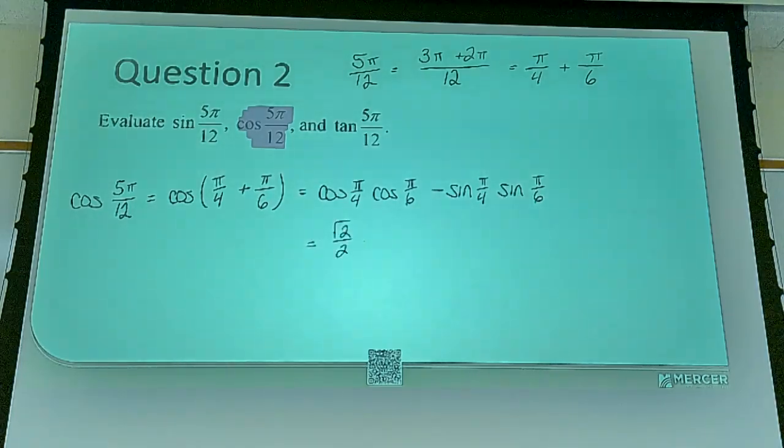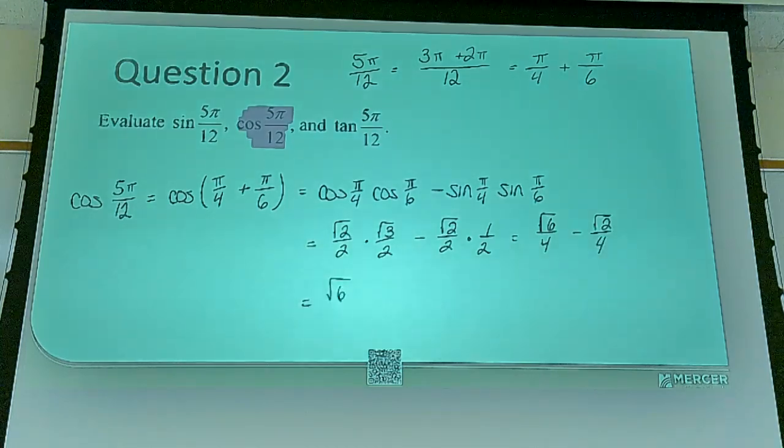Root 2 over 2 times root 3 over 2 minus root 2 over 2 times a half. Root 6 minus root 2 all over 4, or simplified to root 3 minus 1 over 2 root 2.